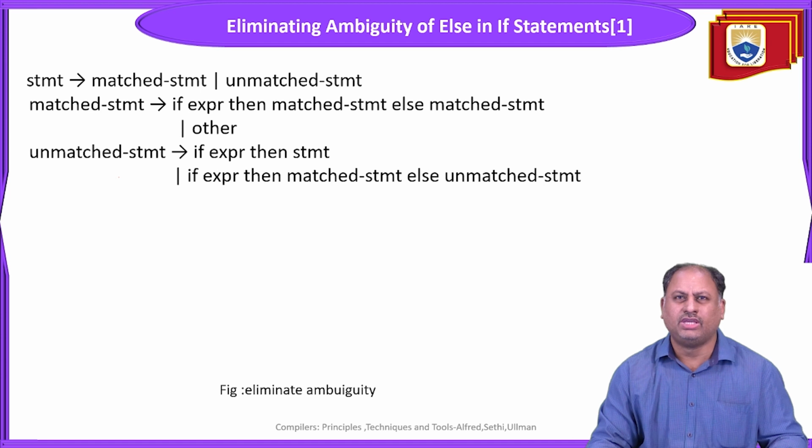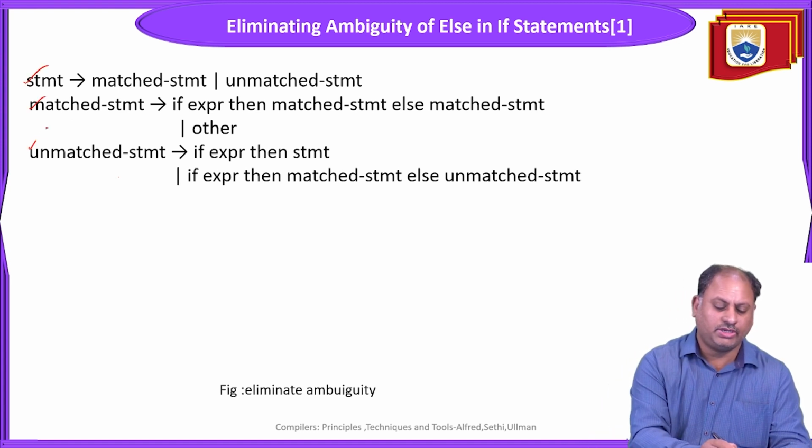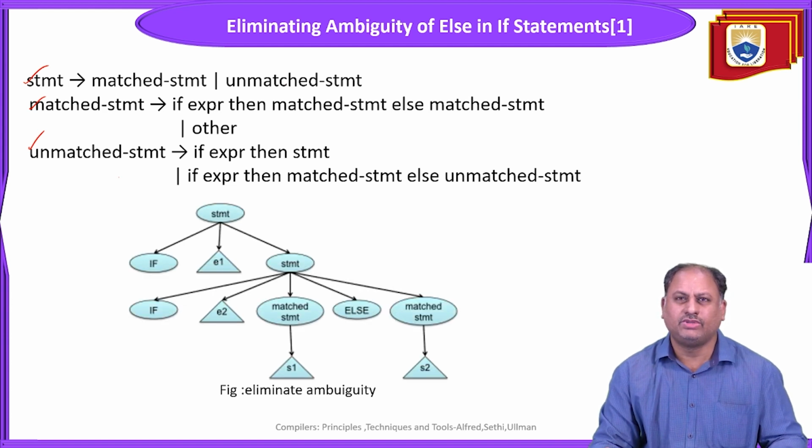That is to be written as derivation steps containing three kinds of statements: statement, matched statement, and unmatched statement. As part of this, we construct the parse tree, which eliminates the ambiguity of the else part in if.